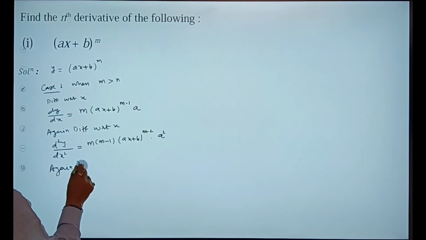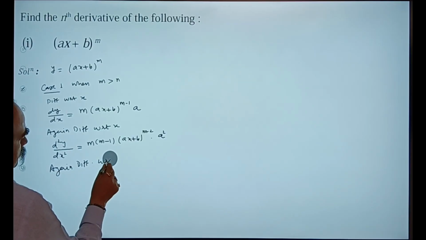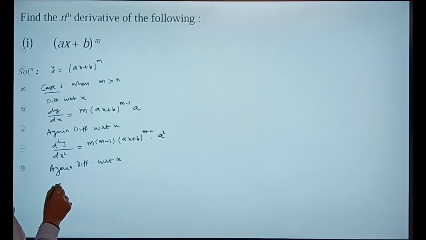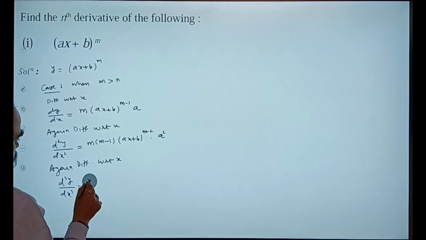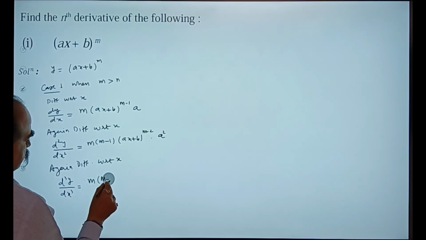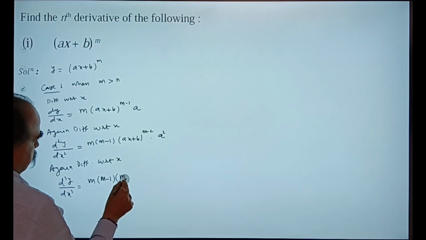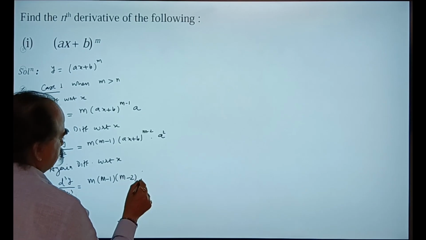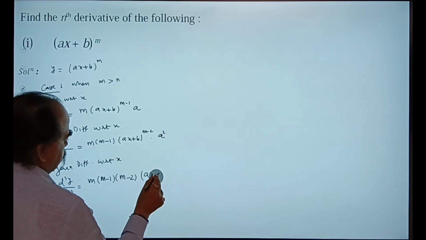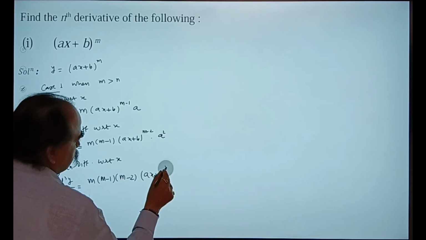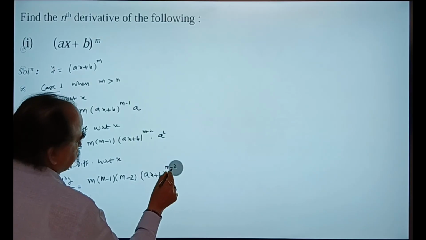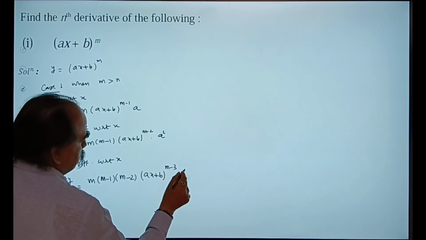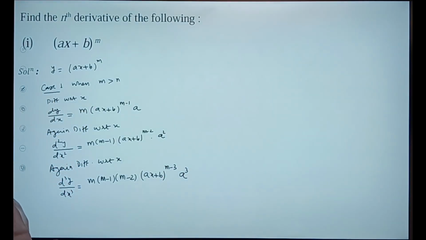Again differentiating with respect to x. d3y by dx cube is what? m into m minus 1 into m minus 2, (ax plus b) raised to m minus 3, a cube.